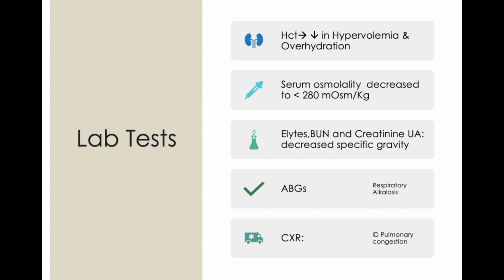Okay, so the serum osmolality is going to be decreased because everything is diluted. Electrolytes, the BUN and the creatinine are going to be decreased, as well as specific gravity, because think about it, everything is diluted now. Okay, your ABGs are going to show respiratory alkalosis because of the hyperventilation, the tachypnea.